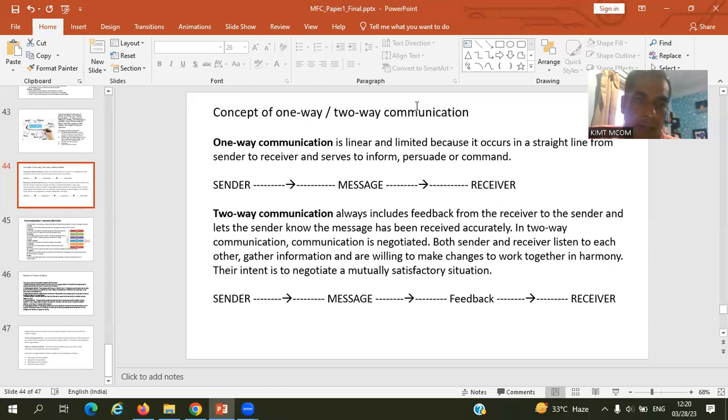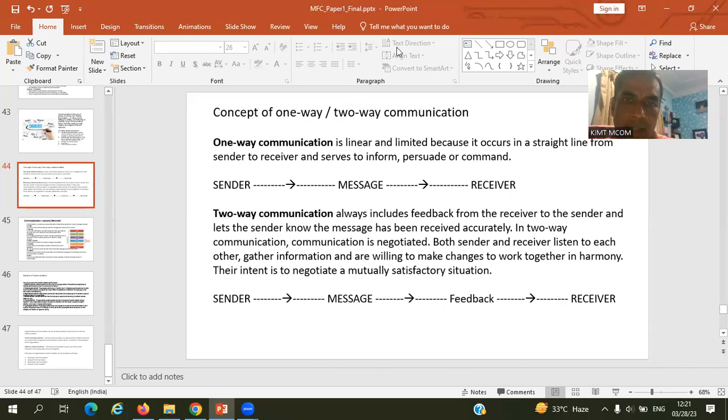I have given the direction. It is actually circular. I have given it in a straight line. Sender sending the message and the receiver getting the message or not getting the message. If not getting the message, then the communication is not complete or miscommunication, you can say.